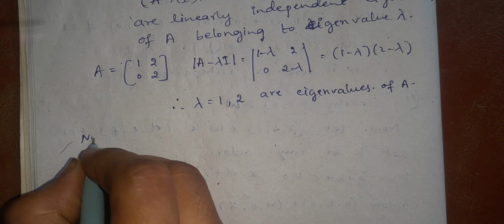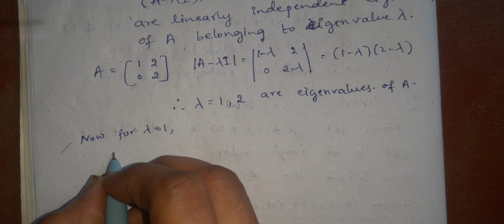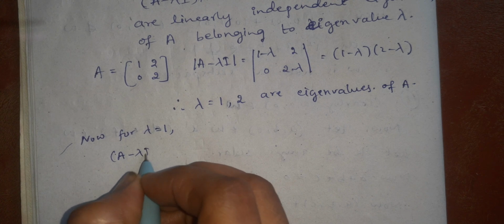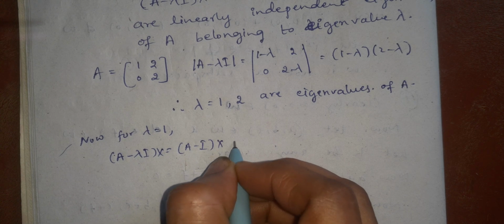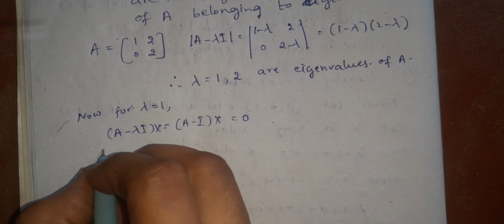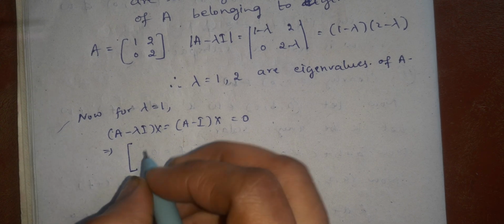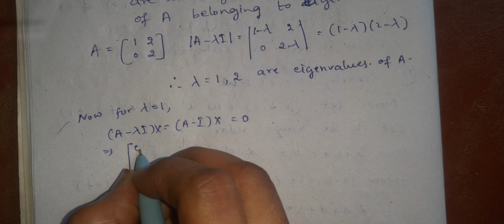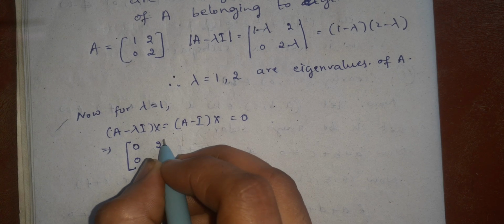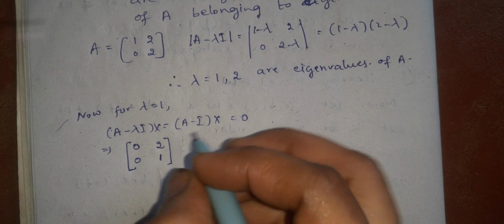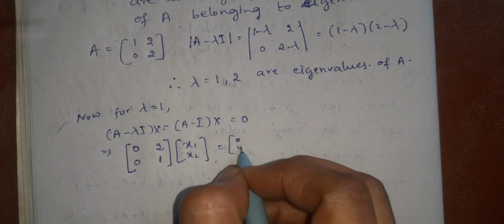So now for lambda equal to 1, (A minus lambda I) x is equal to (A minus I) x equal to 0. So A minus I is [1 minus 1, 2; 0, 2 minus 1], which is [0, 2; 0, 1], into (x1, x2) is equal to (0, 0).